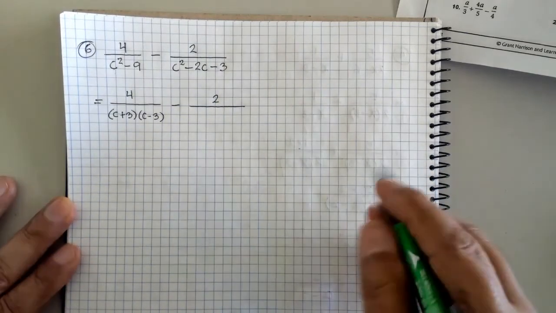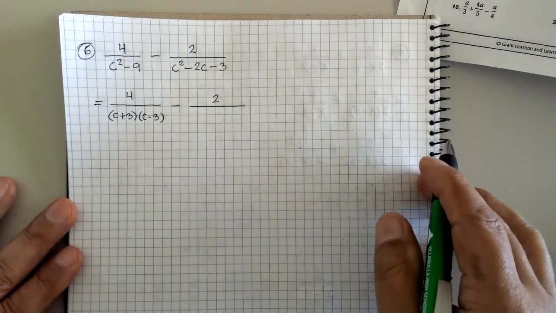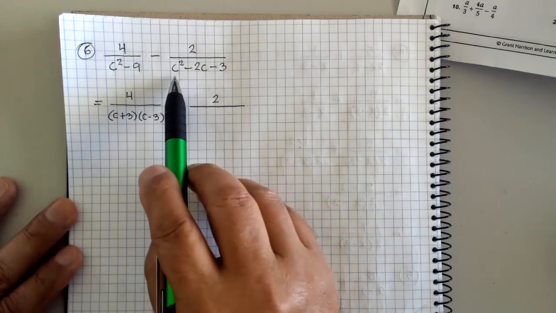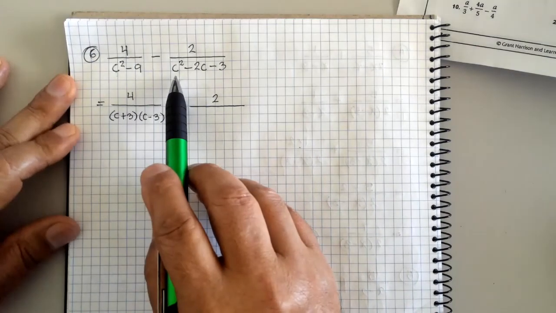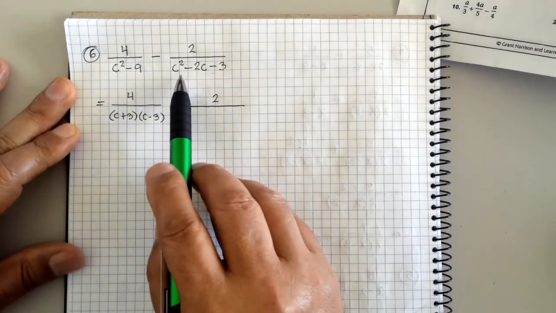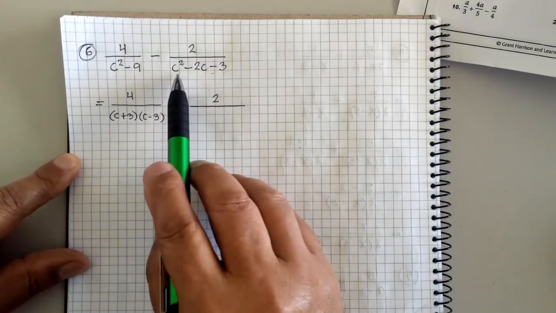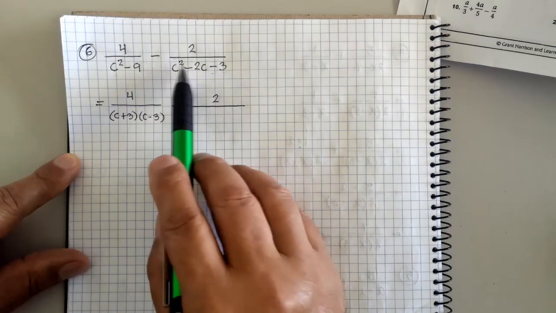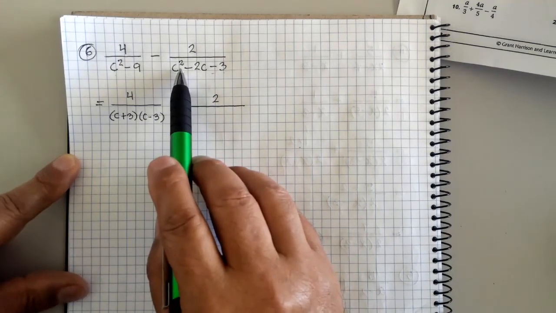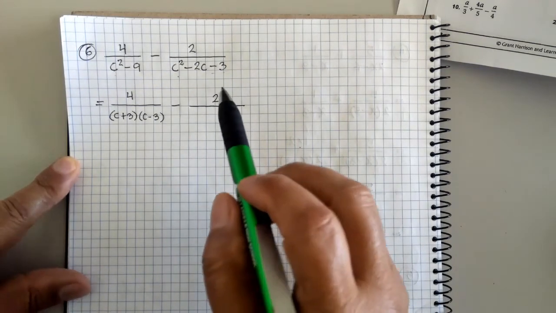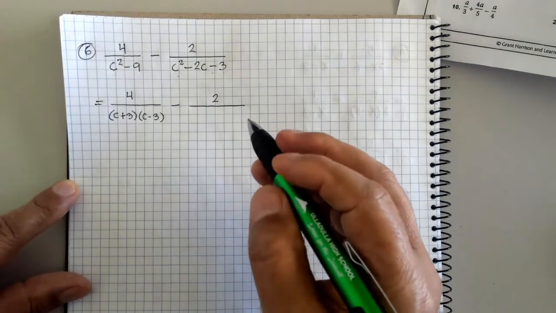Okay, so the other fraction includes a trinomial. We have talked about that many times. So here we got c squared minus 2c minus 3. So we got 1, 2, and 3 terms, and one of them is squared. Okay, and then we have to do what we have done before.